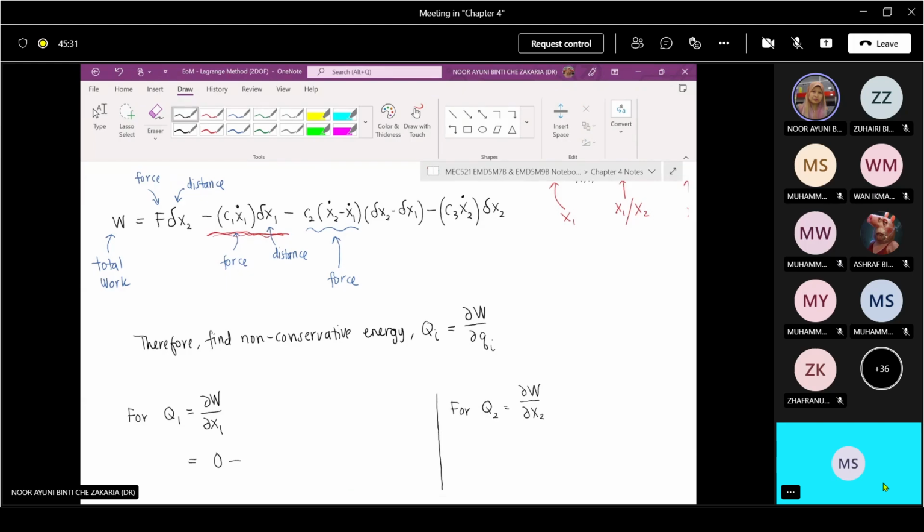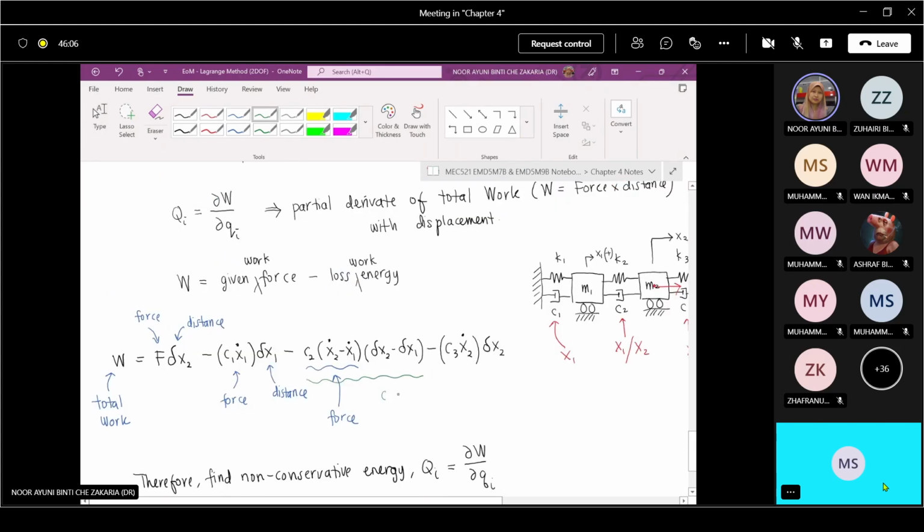We differentiate over x1, and we'll get C1 x1 dot. Okay, so this one is quite long. Of course, you can expand it, so that it's easier for you to do the differentiation. I expand here.